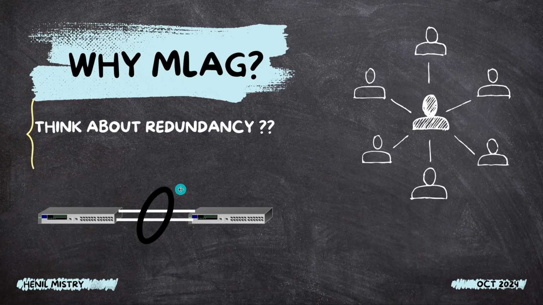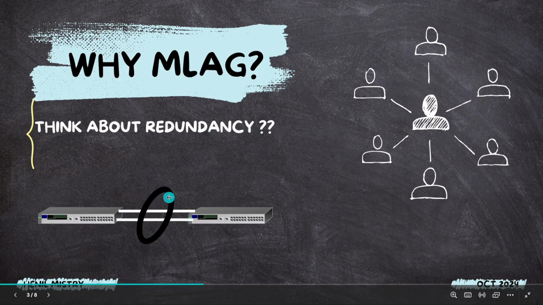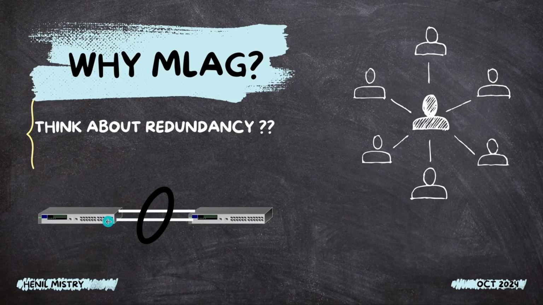To handle that we introduced port channels. They group multiple ports between two devices into a logical port, which is a bundle of multiple physical ports. That way it introduces redundancy: if one of the ports inside the port channel goes down, there is still a connection between these two devices, because other ports can handle the traffic. That was the redundancy we got by configuring the port channel.